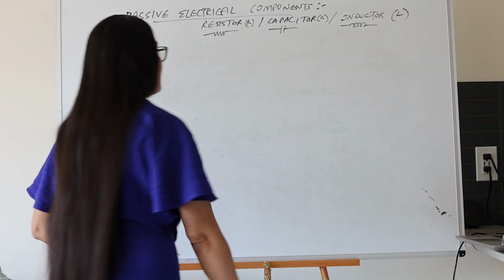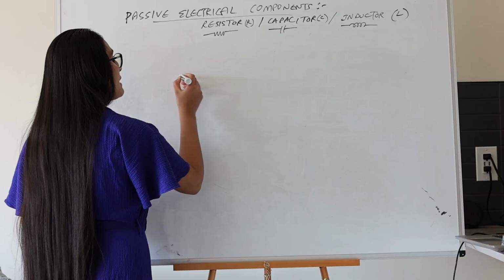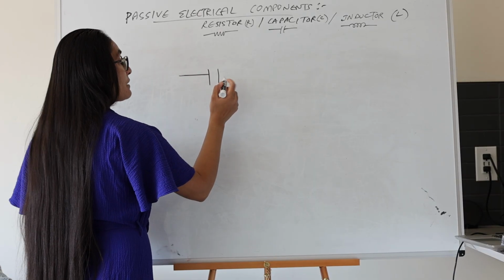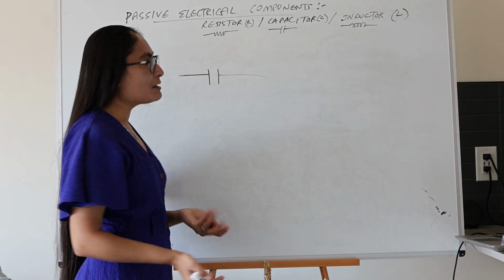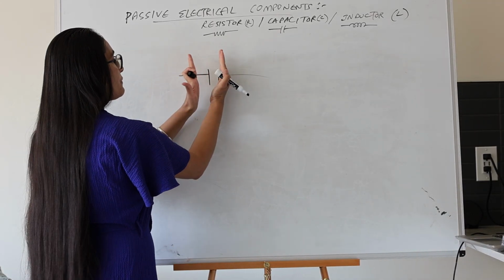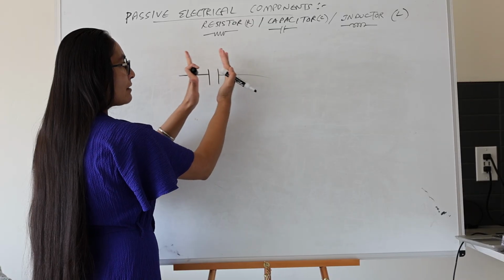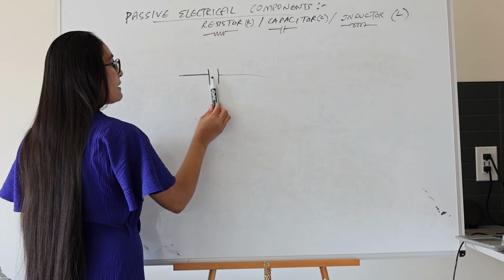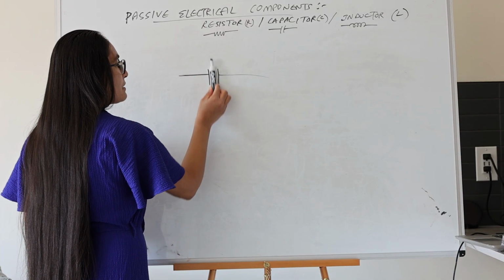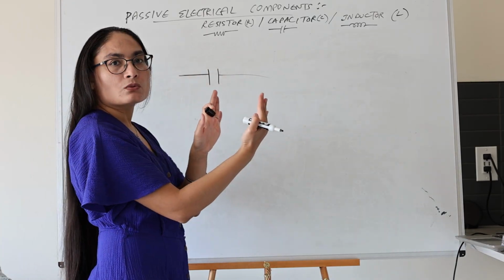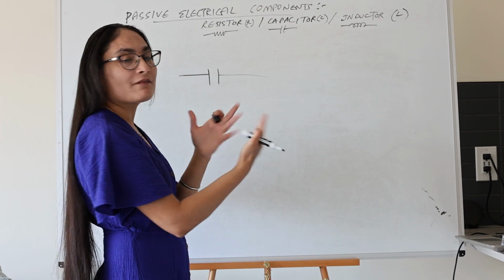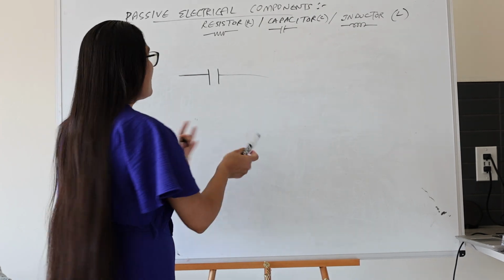Let's say I start with a basic form of capacitor. This is called a parallel plate capacitor. In this case, we have two parallel plates spaced with some distance, and between them is an insulator such as air, or you could have another material as well.